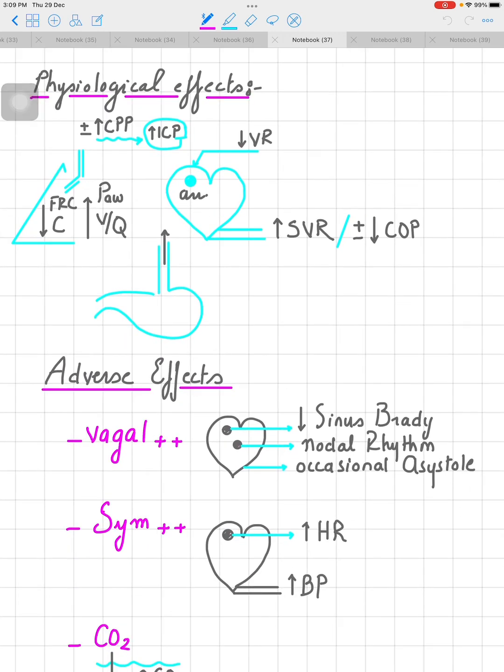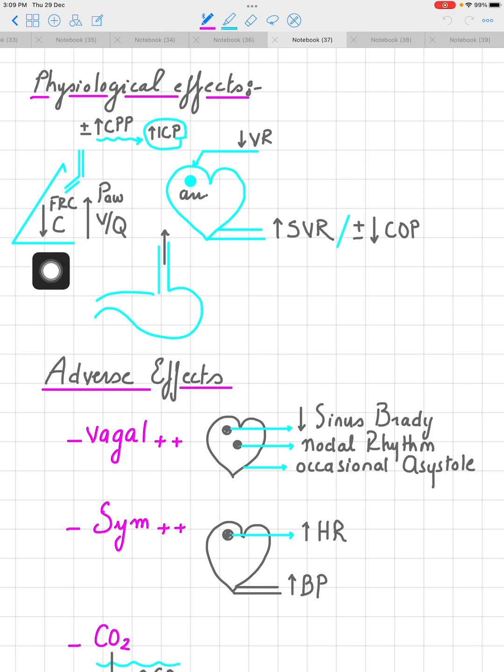First, let's discuss the physiological effects of the gas insufflation. As for the respiratory effects of pneumoperitoneum, there is increased airway pressure, increased ventilation perfusion mismatch, decreased functional residual capacity, as well as decreased pulmonary compliance.